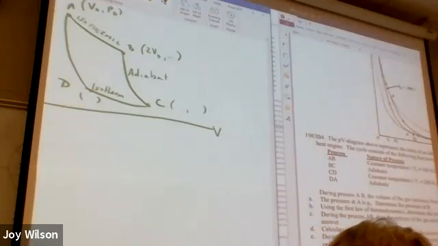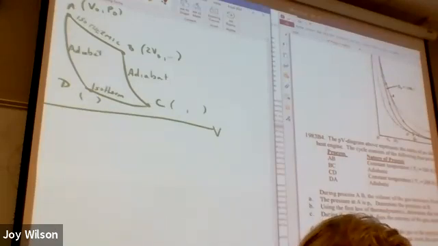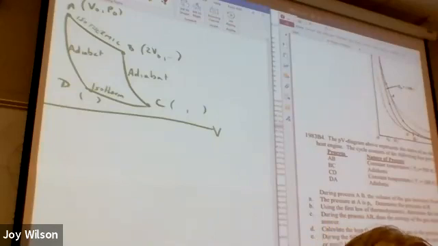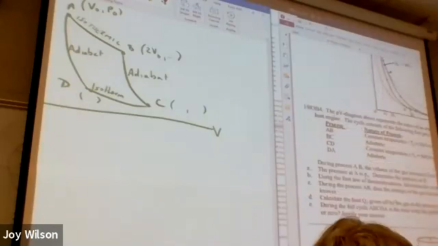It's closer to the origin, closer in to the axes. That's what we're looking for. And the last one, D to A, is also an adiabat.